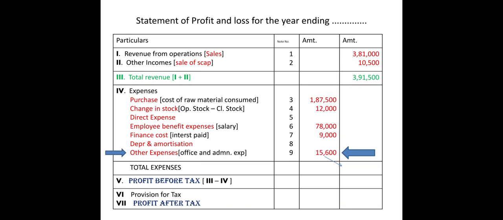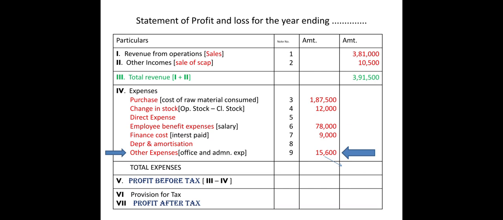Okay, students, so you can just write change in stock is 12,000. Okay. And student, there is one more thing after change in stock. At number 7 you can see there is an office and administrative expense.